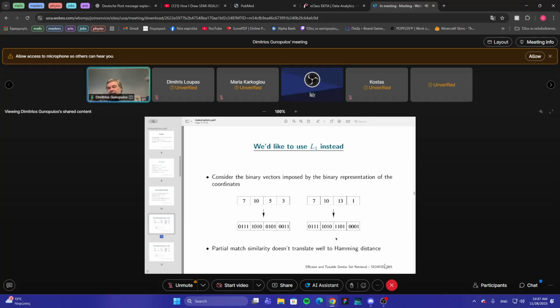So it's not really taking these two binary vectors and looking at the binary vectors that are most similar.